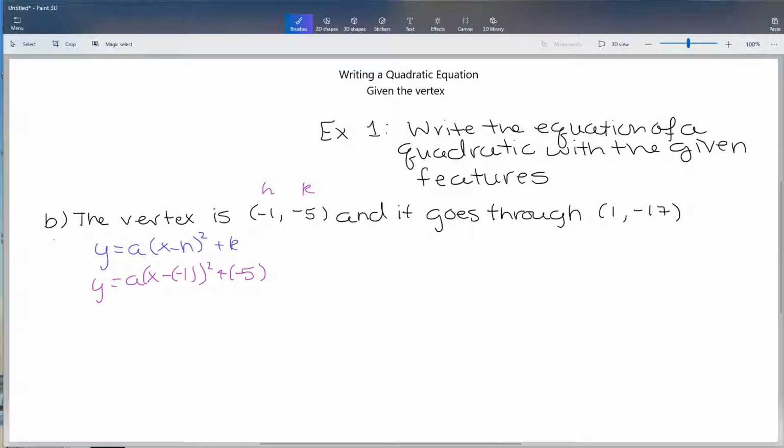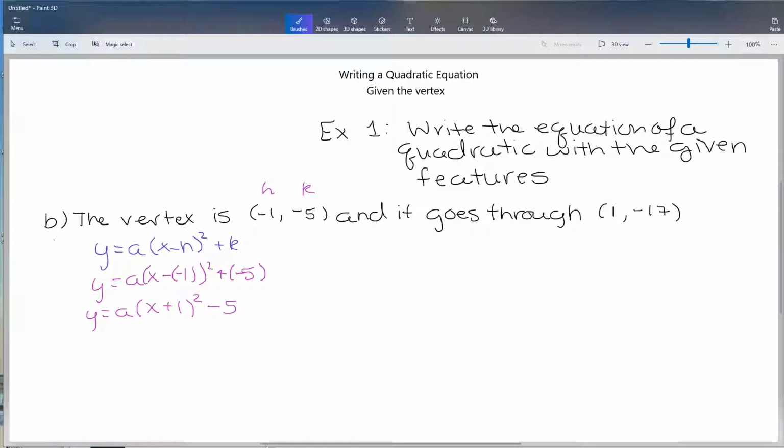Okay, so I'm going to go ahead and simplify the signs here. Now I know that minus negative 1 is the same as plus 1. Okay, and plus negative 5 is the same as minus 5.